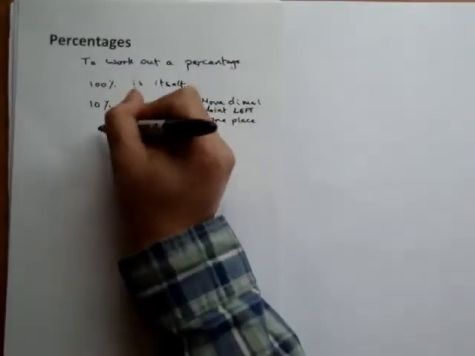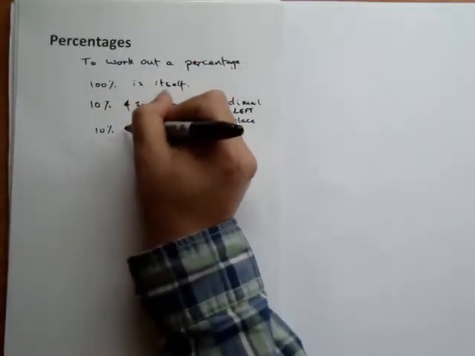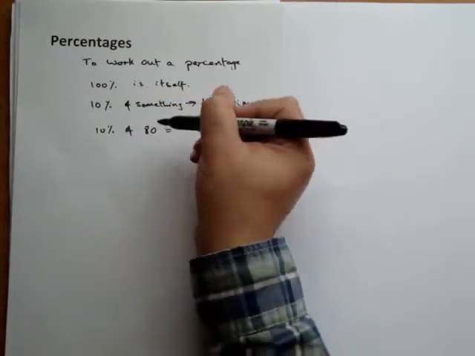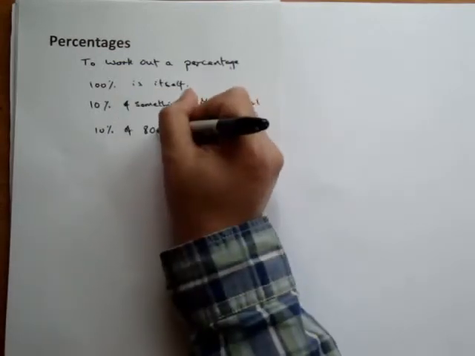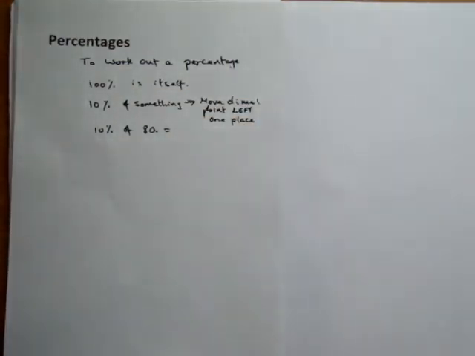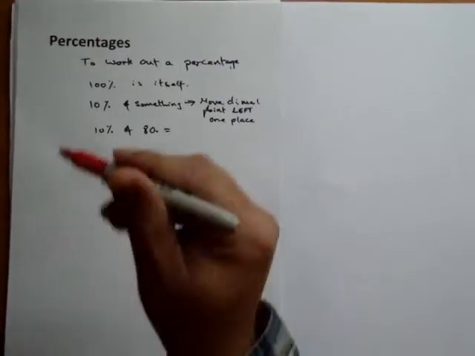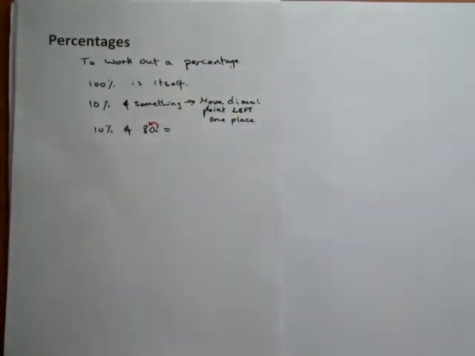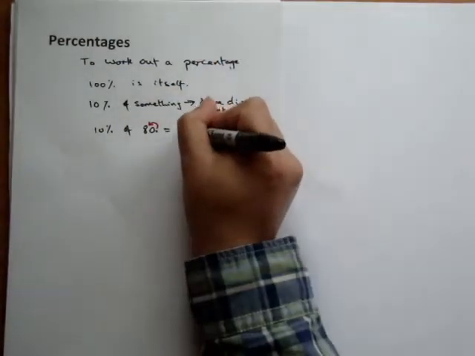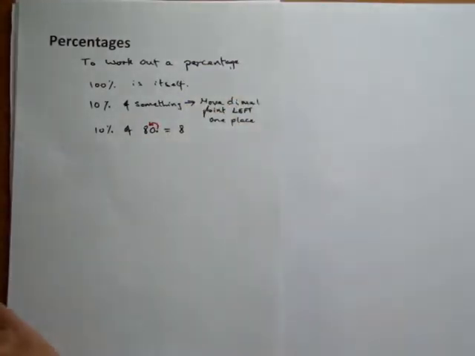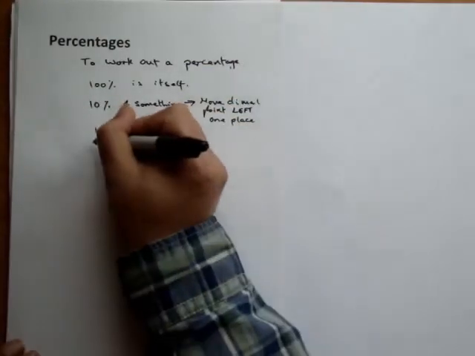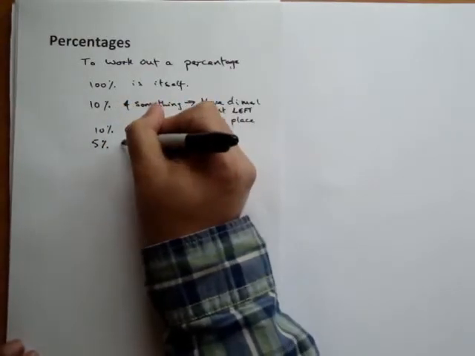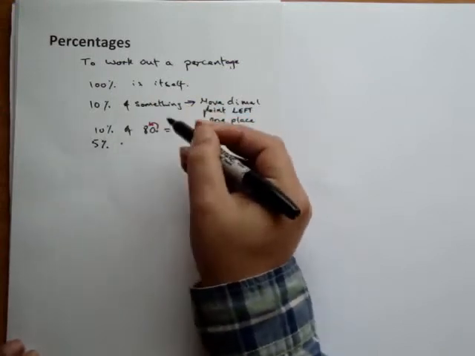So for example, 10% of 80. For 80 the decimal point is thought to be here. So what we do is we move the decimal point one place left, so it goes there, and then 10% of 80 equals 8. 5% of something will be half of the 10%.